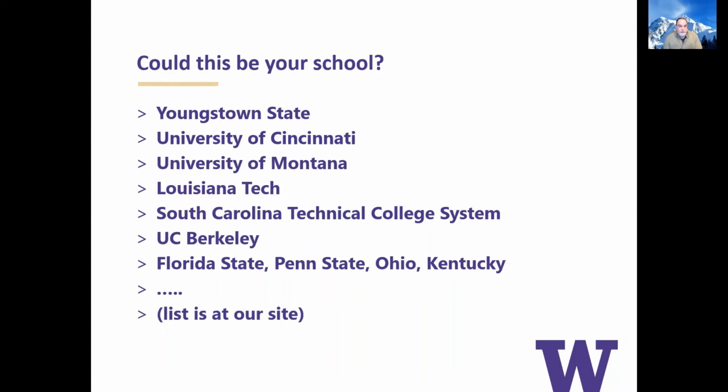And on the screen now is just a partial list of various higher education institutions that have had complaints, have had the OCR get involved, or the Department of Justice. University of Cincinnati, Louisiana Tech, UC Berkeley, Florida State, Penn State University, or the Ohio State University, and the list goes on. And again, all of this stuff is at our website.